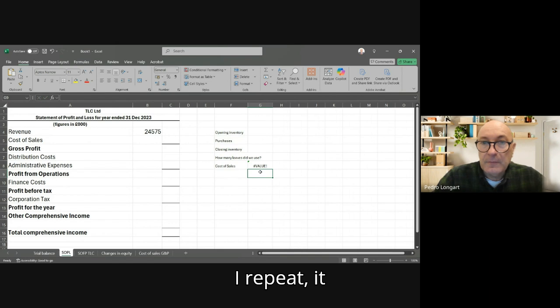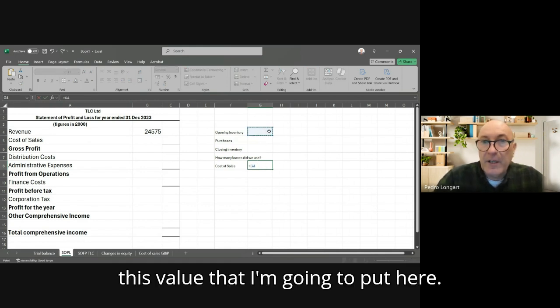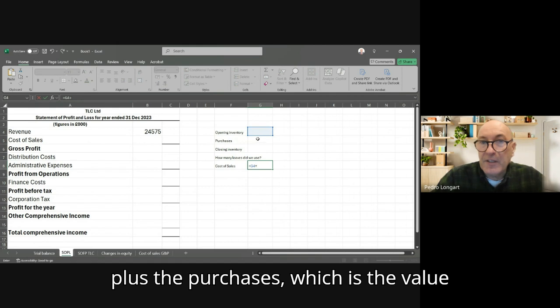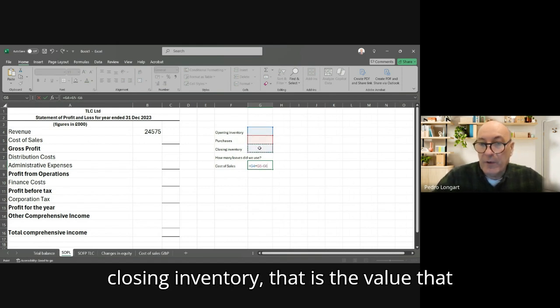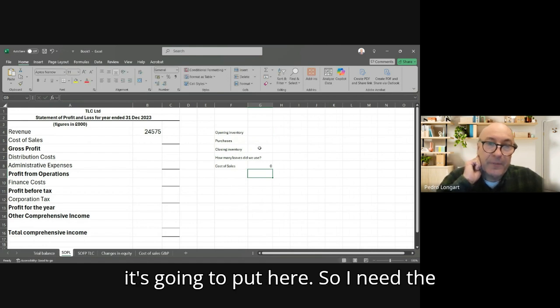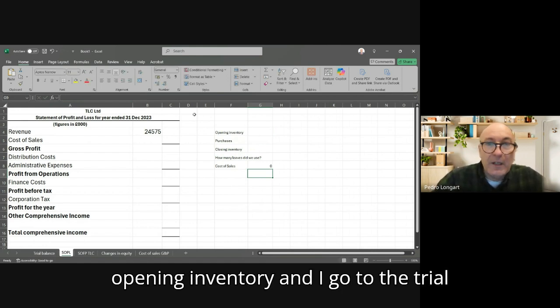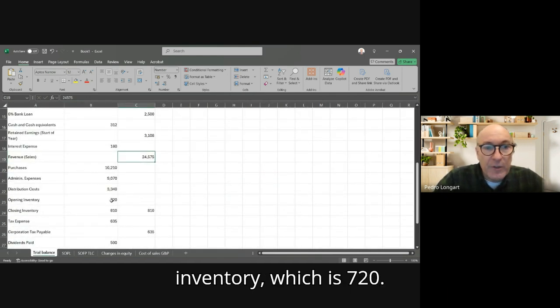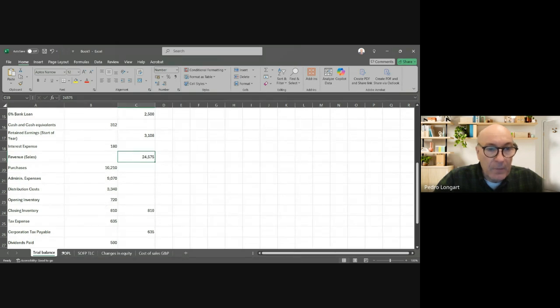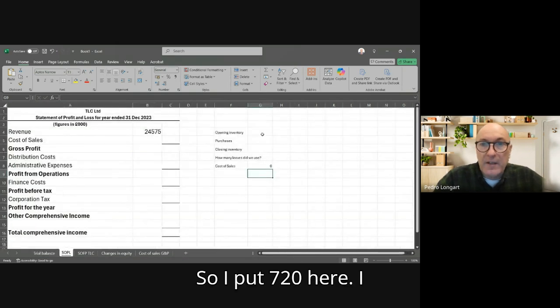I repeat, it is the opening inventory, which is this value that I'm going to put here, plus the purchases, which is the value that I'm going to put here, minus the closing inventory, that is the value that I'm going to put here. So I need the opening inventory, and I go to the trial balance and find my opening inventory, which is 720. So I put 720 here.